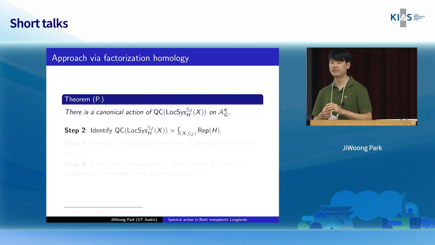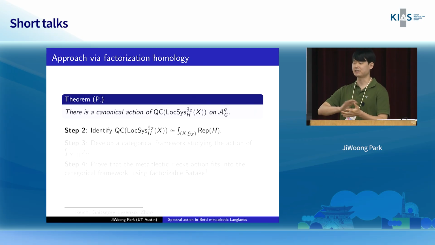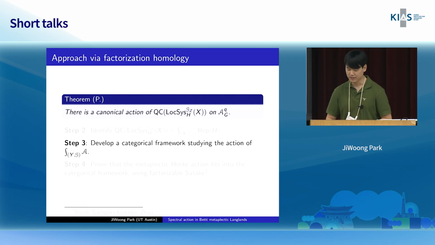Second, we identify QC over the stack of twisted local systems with a certain twisted factorization homology. And we develop a categorical framework studying the action of twisted factorization homology parallel to what we did for the untwisted case.